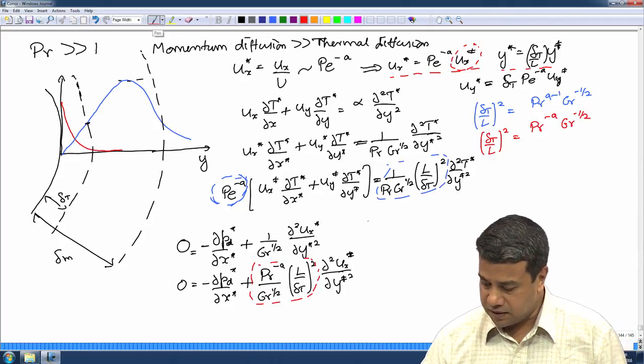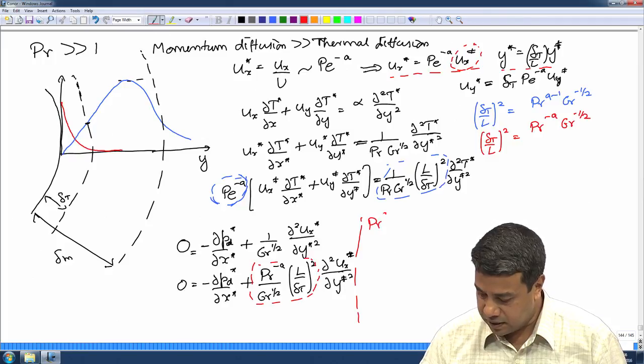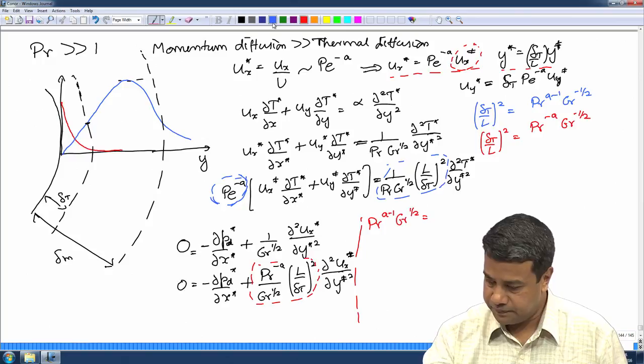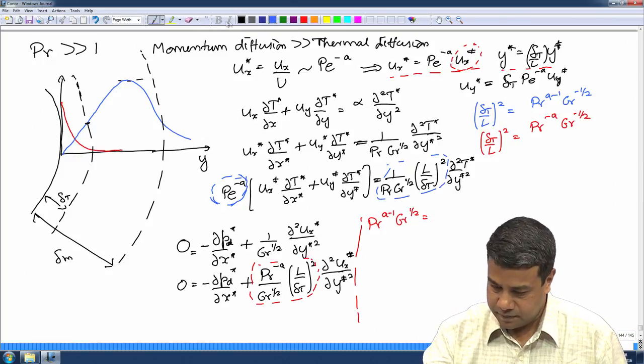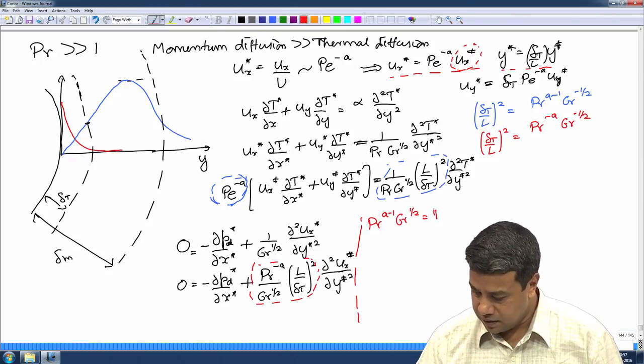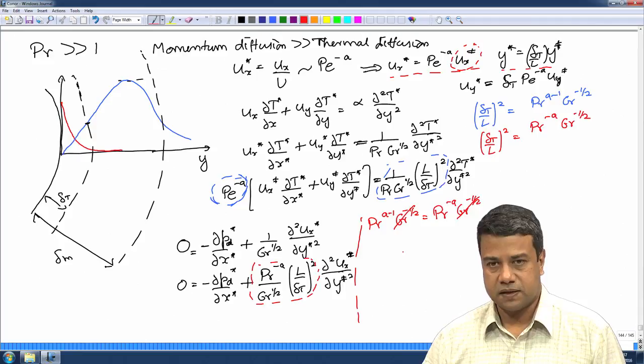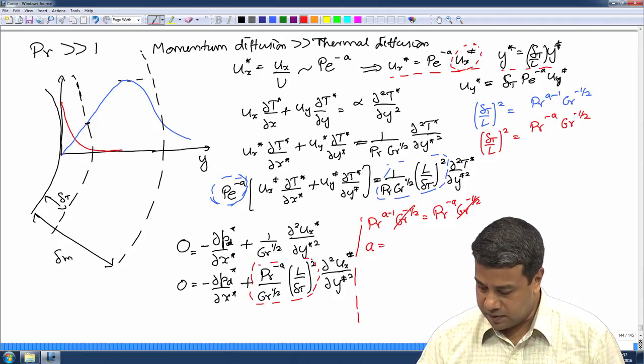So, therefore, I require that Pr^(-A) Gr^(-1/2) is equal to Pr^(-A) Gr^(-1/2). The Grashof number will cancel and I will get that A will be equal to 1 by 2.